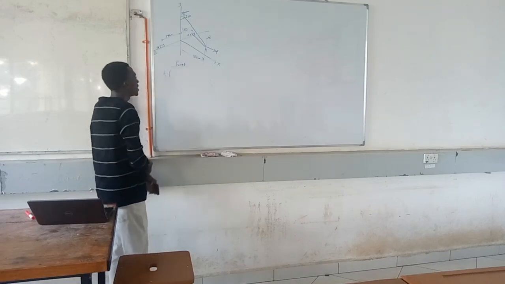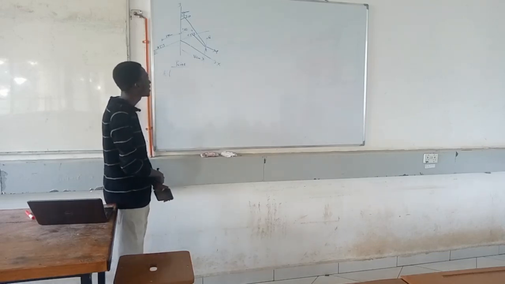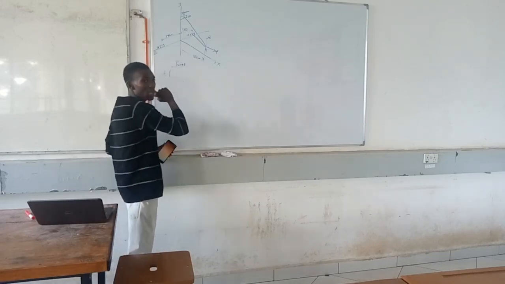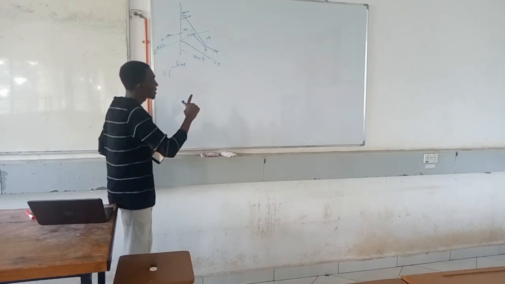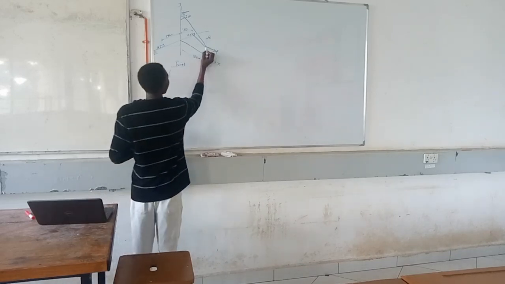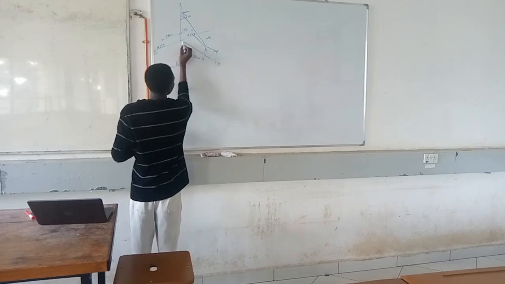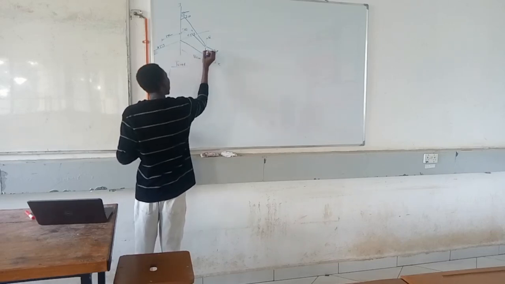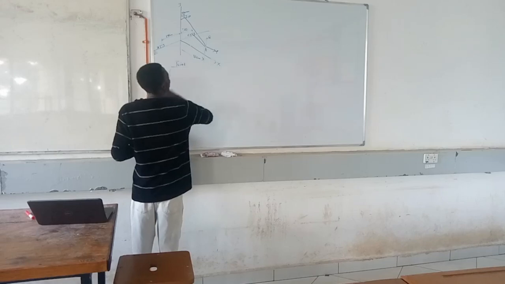Now we're going to identify what distance point A moves in the x-axis. The x-axis is this line, so you have to identify the distance point A has moved in the x.